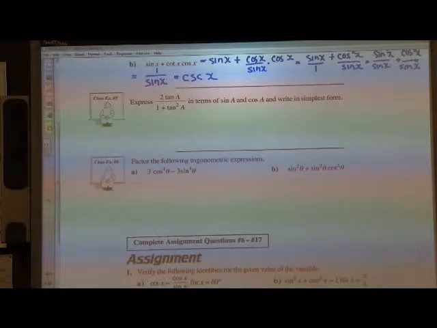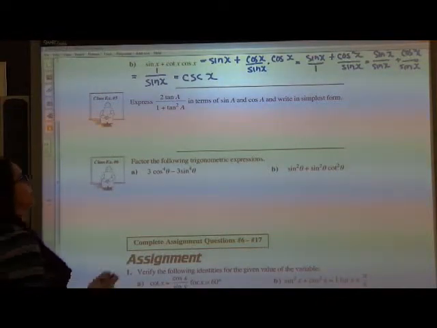Could you replace tan a with sine over cos, and tan squared a too? I could. Is there any place the 1 plus tan squared a? Do you see that anywhere on the sheet? Yeah. Secant squared.